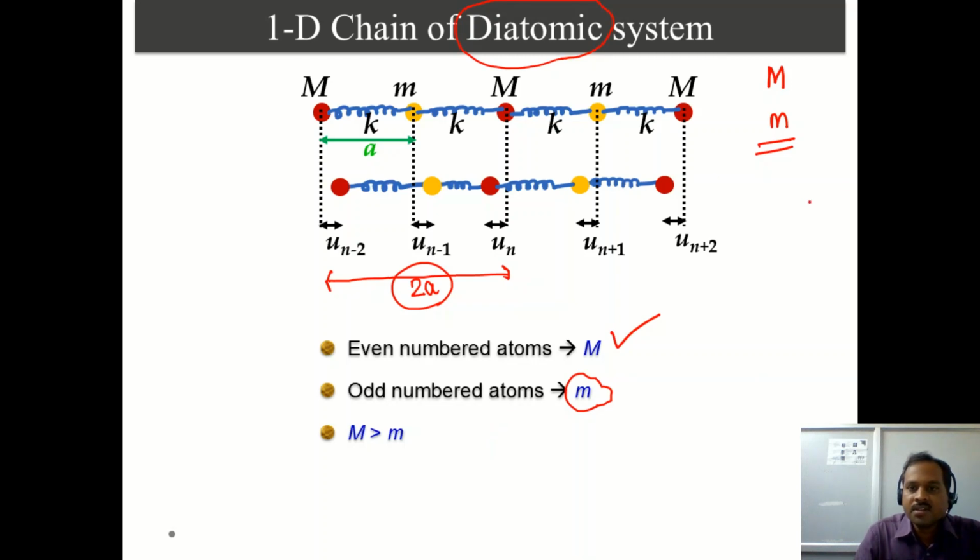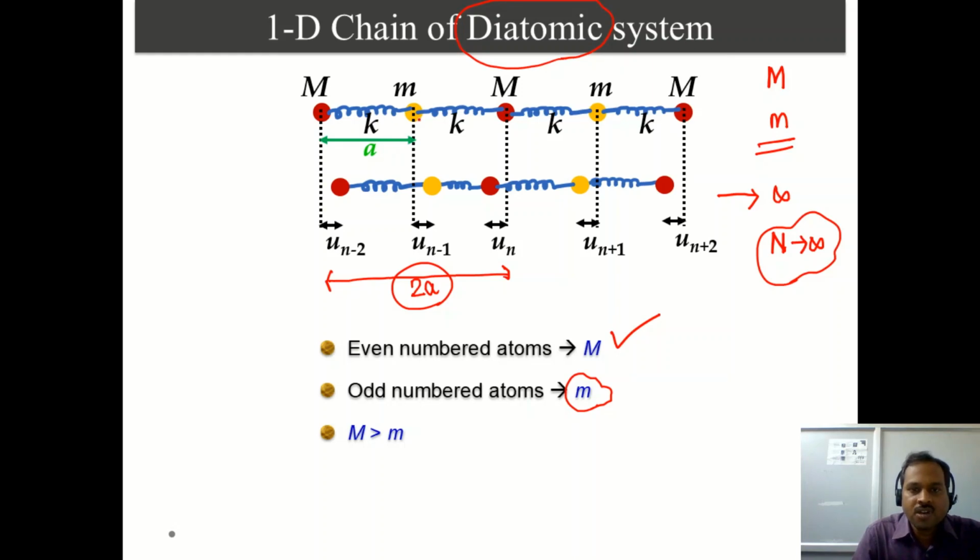Since the chain extends to infinity, the number of atoms tends to infinity, and under this criterion we can assume that all the capital M atoms have identical surroundings, whereas the small m atoms also have identical surroundings.